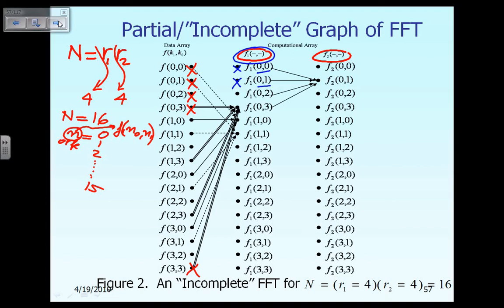So specifically, suppose we want to compute this term right here, which is f1 at the pair 0, 3. How do we compute that?